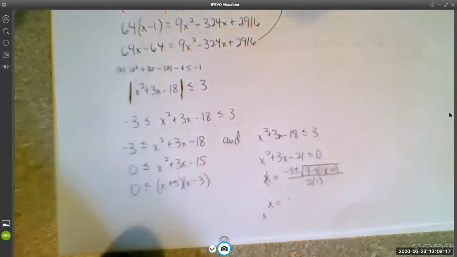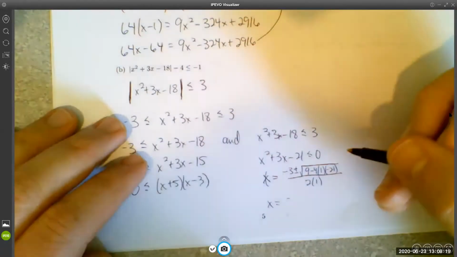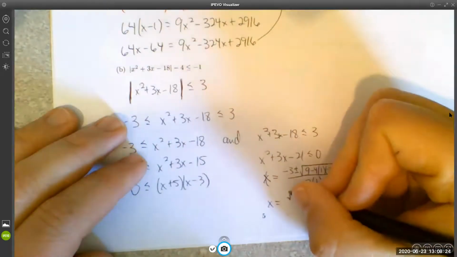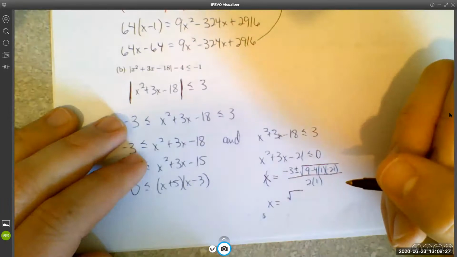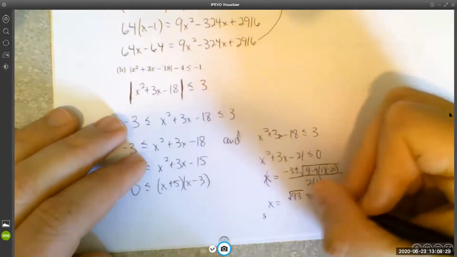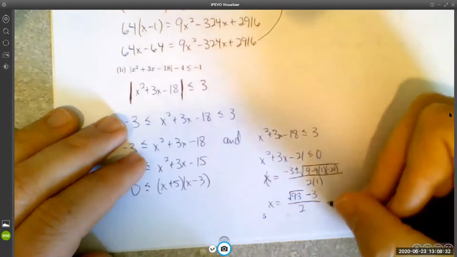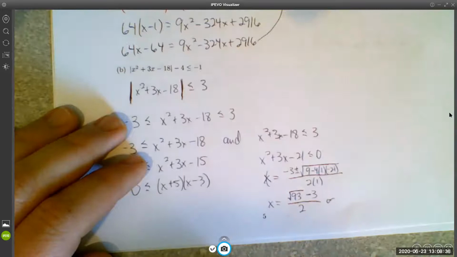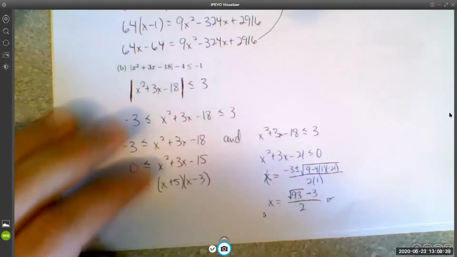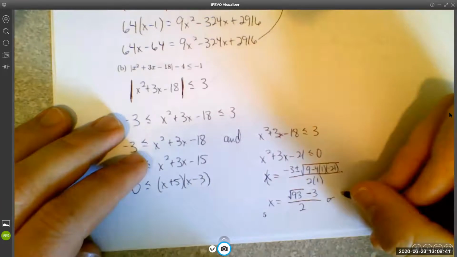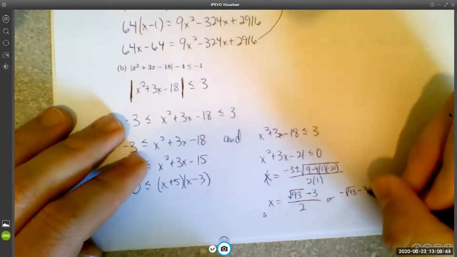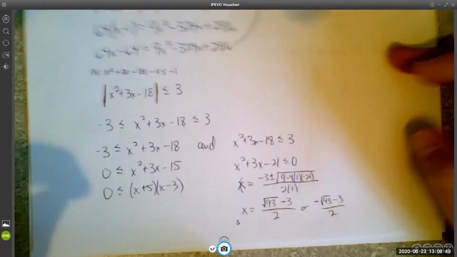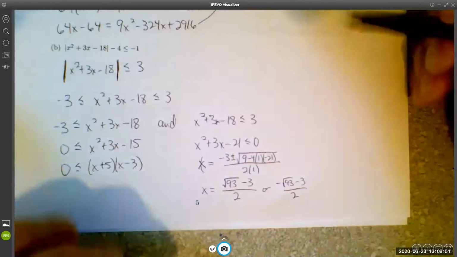That's root 93 minus 3 over 2. If I add root 93 minus 3 over 2, or if I subtract, that's negative root 93 minus 3 over 2. Holy schmoly, what a pain. I don't want to finish this problem.